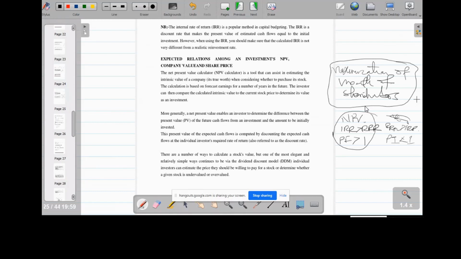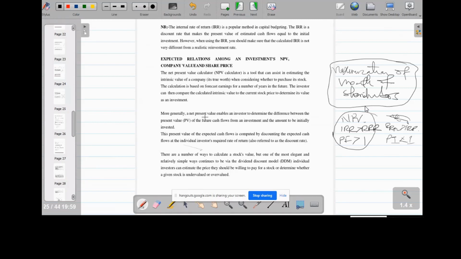And this value is reflected in the price of the share. So all that is contained here is trying to show the expected relationship among the investment decisions and how it influences the share price and hence the value of the firm.